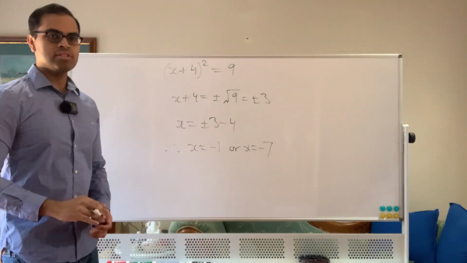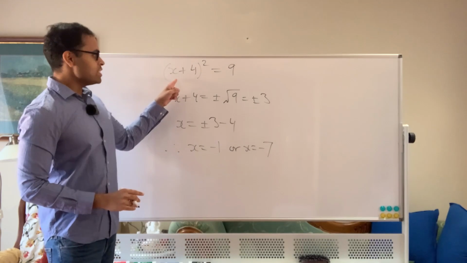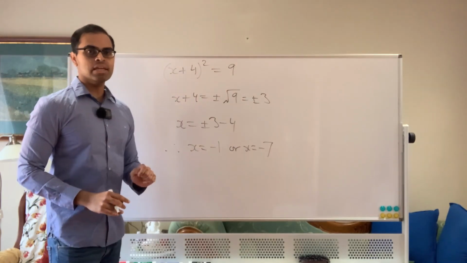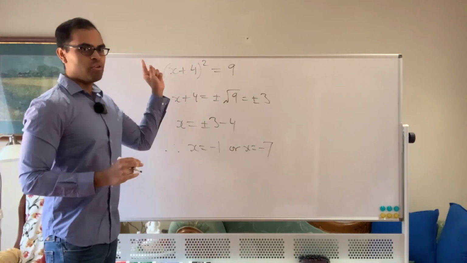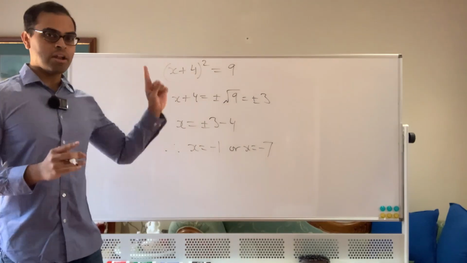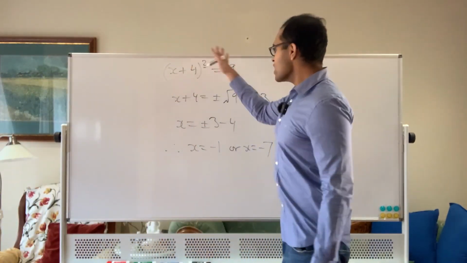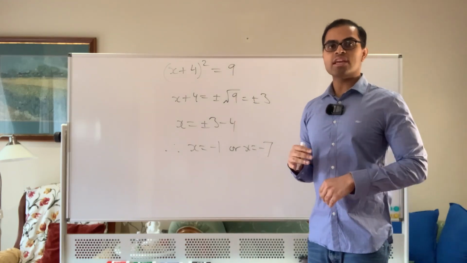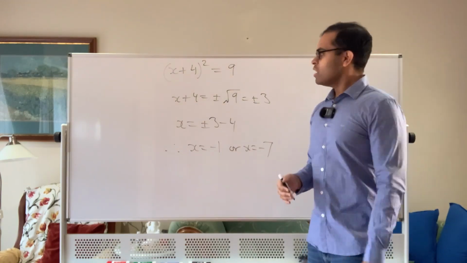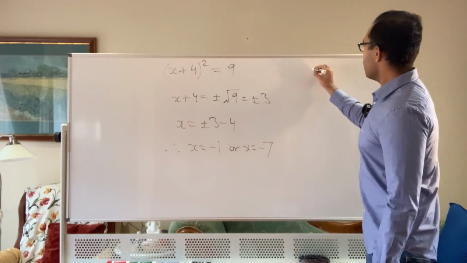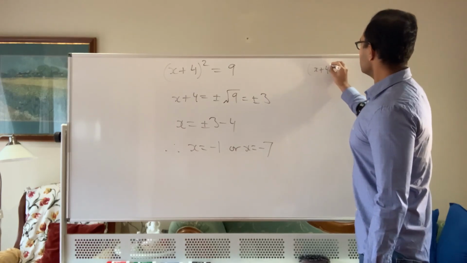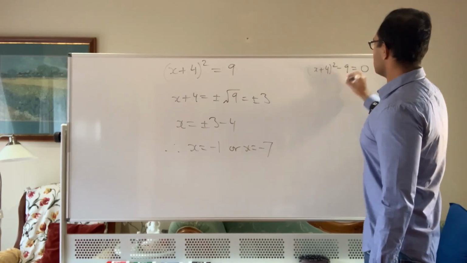Now, why did I do it this way? I want to show you that equations like something squared is equal to something are easy enough to solve when written in that way. And that observation is going to prove super powerful, because this actually is a quadratic equation that you can write out in a normal way. What you can do is say that x plus 4 squared minus 9 is equal to 0, right?